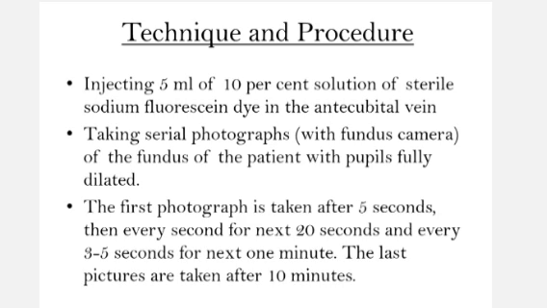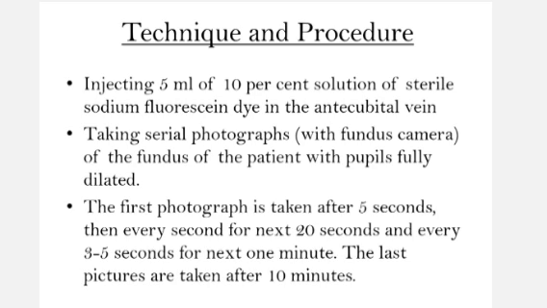What are the technique and procedure of fundus fluorescence angiography? So in detail we are seeing the procedure, how to do fundus fluorescence angiography step by step. 5 ml of 10% solution of sterile sodium fluorescein dye is injected into the antecubital vein of the patient.